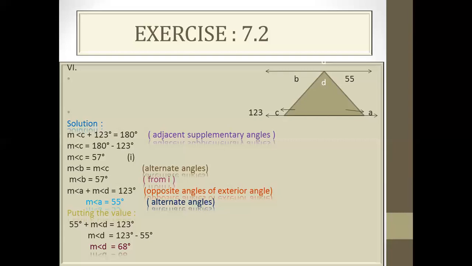We have two parallel lines and a transversal intersecting them. B and C, which type of angle? Any one of you can tell me? B and C are alternate angles. They are on opposite sides of the transversal. C is 57, so B will also be 57 degrees.